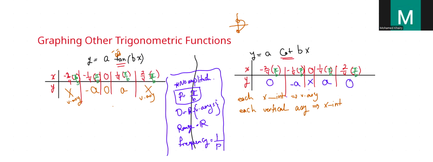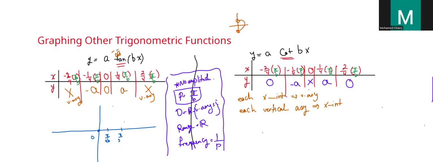After that, what do I have to do? Regarding the graph, this is my x-axis and this is my y. This is 0. Whatever you've got here, you can just write it down: pi over 4b, then pi over 2b, and so on.